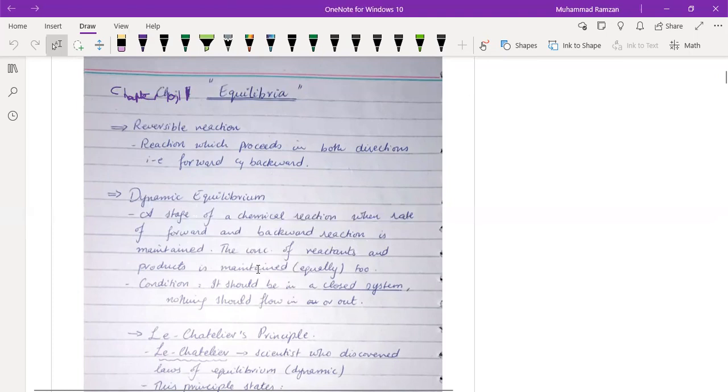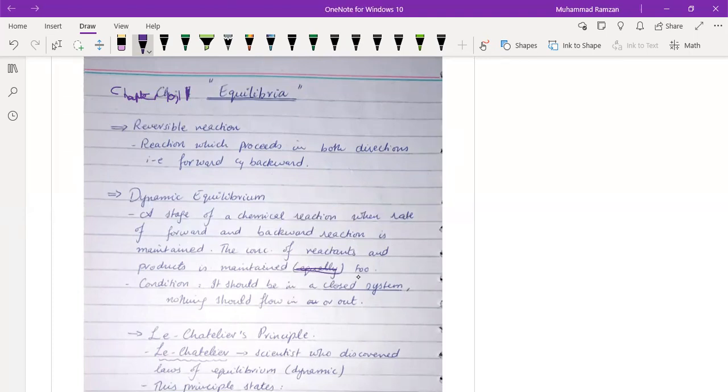A dynamic equilibrium means a reaction in which the rate of forward and backward reaction is maintained. Furthermore, the concentration of reactant and product is maintained too. It is better, no need to show equal, it means maintained.